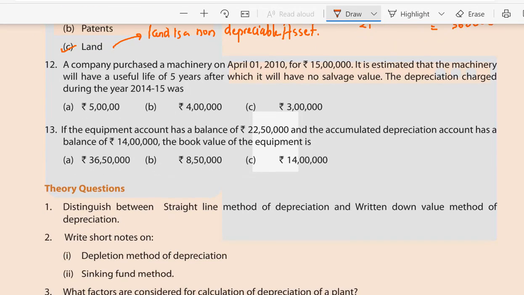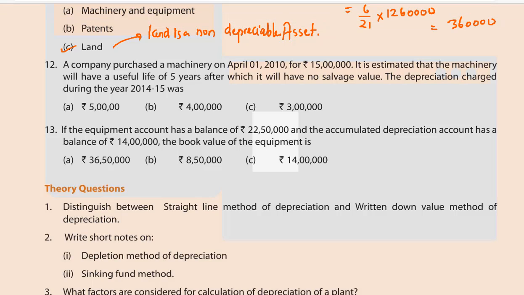Question 12. A company purchased a machinery on 1st April 2010 for 15 lakhs. It is estimated that the machinery will have a useful life of 5 years, after which it will have no salvage value.